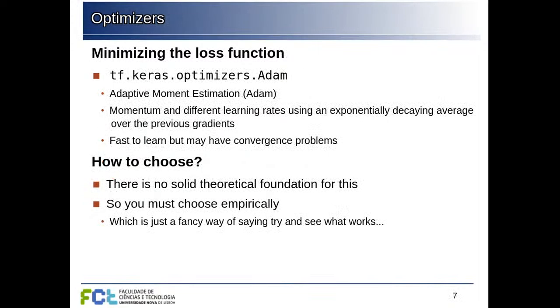Adaptive moment estimation, Adam, brings together these different tricks, so to speak, these different techniques. So it not only uses adaptive gradients by using a moving average, in this case an exponentially decaying average, but also uses momentum to further improve the speed of the learning process.